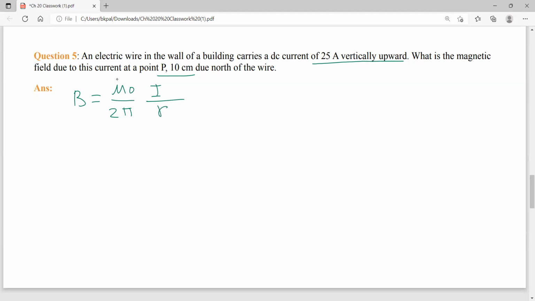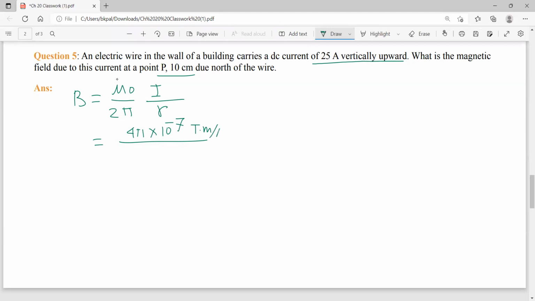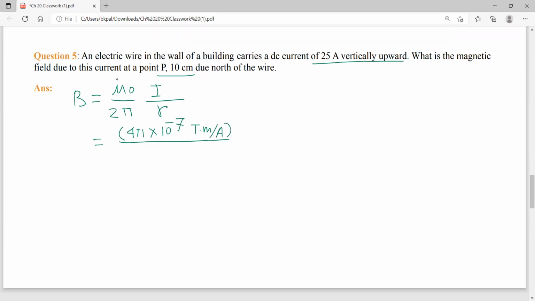So what is mu 0? Mu 0 is 4 pi times 10 to the power minus 7 Tesla meter per amp, and then 2 pi, and I is 25 amp, and R is 10 centimeter. 10 centimeter means 10 to the power minus 2 meter.